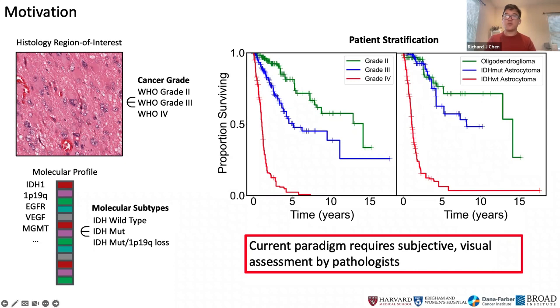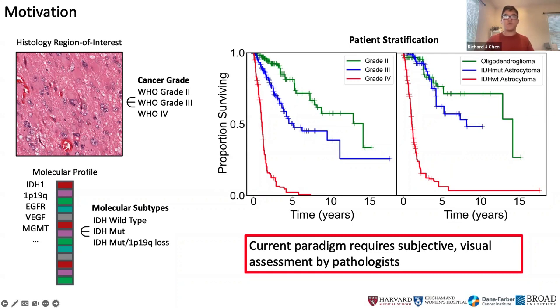Recently, with the advent of next generation sequencing, there's been a lot of interest in using genomics and transcriptomics for patient stratification. So many cancers are currently undergoing revision of the cancer taxonomy.